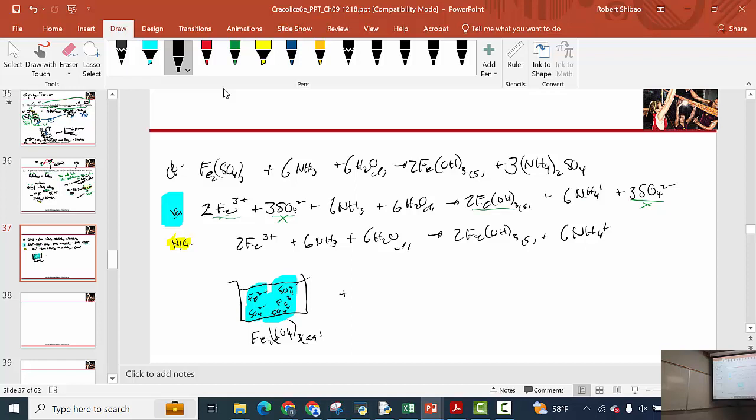In another beaker, I'm going to have my ammonia and water. Ammonia and water is going to consist mainly of ammonia, not ammonium.